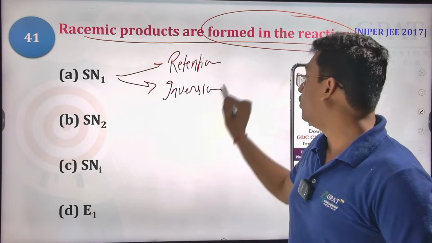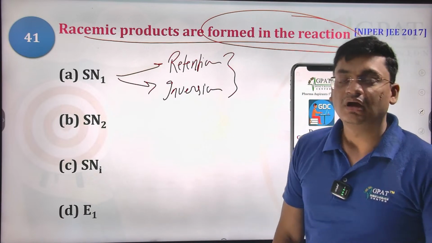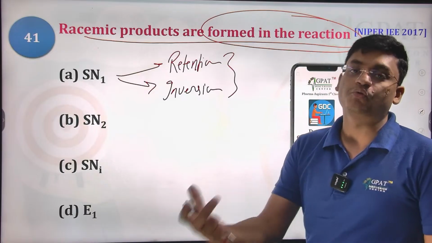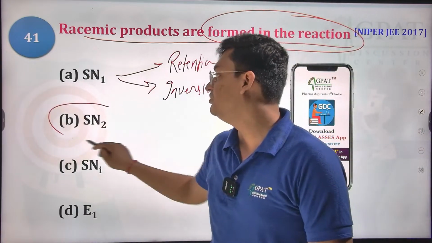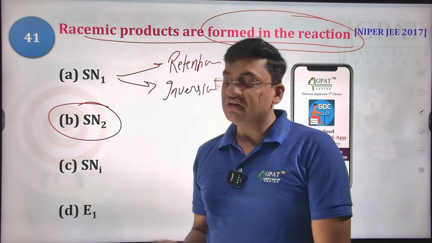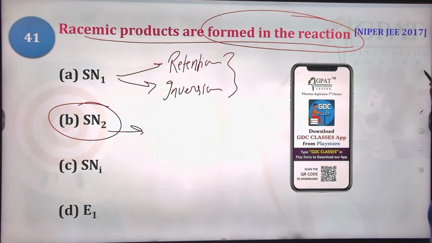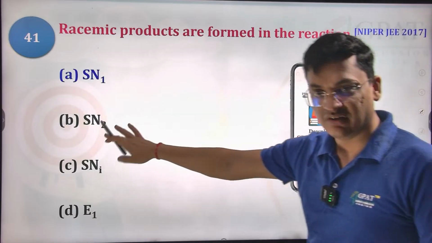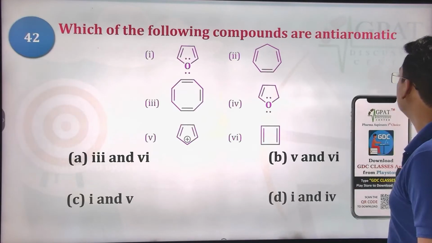So that's why SN1 can have the possibility of racemic products, while SN2 will have just 100% inversion, also known as Walden inversion. So B is for the inverted product, A is for the racemic product. A will be your right answer for the question.